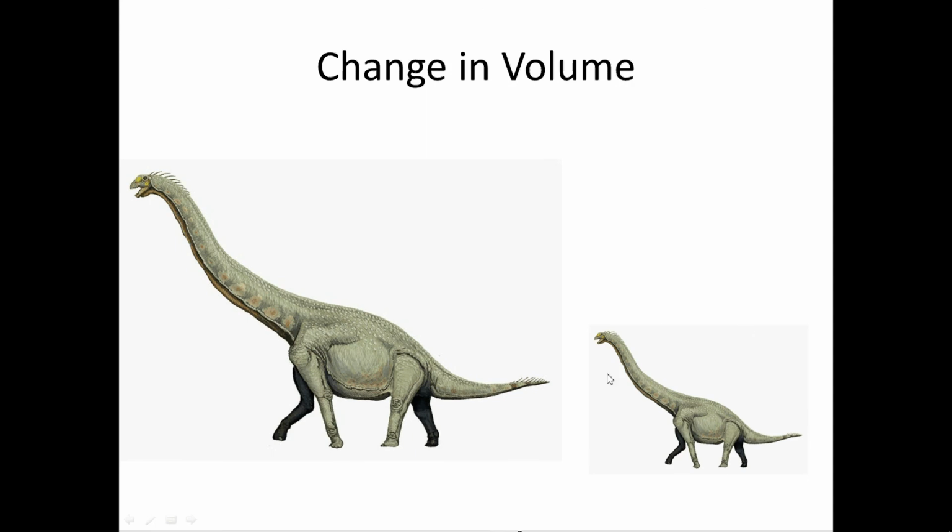If I take this big dinosaur and shrink it to this dimension, there will be no distortion of the shape, because there is no distortion of the face of the dinosaur, neither does it have any deformation in its neck, body, or tail. So there is no deformation in the shape, so we cannot call it distortion of shape.